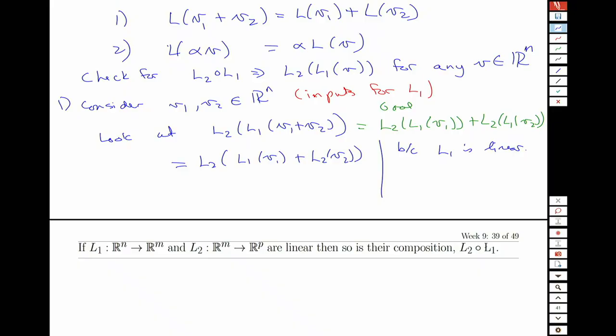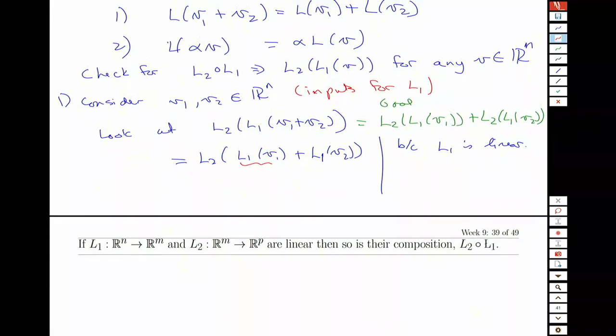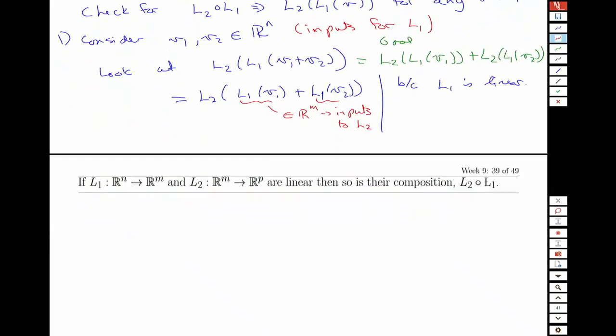These are both things that are in Rm, and these are inputs to L2. They're perfectly reasonable things that go into our second transform.